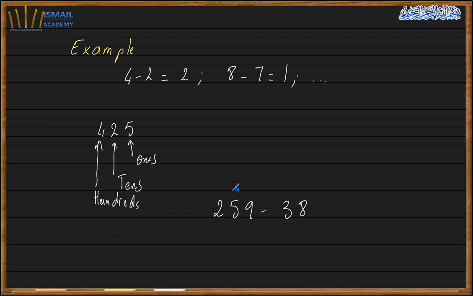I need to know the place value of each one. What do I have? I have 200, 50, and 9 ones minus 30 and 8 ones.